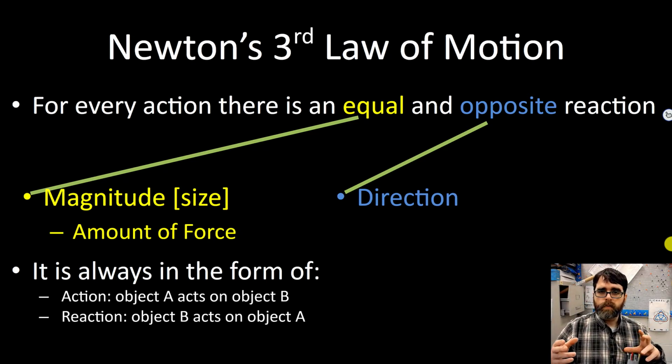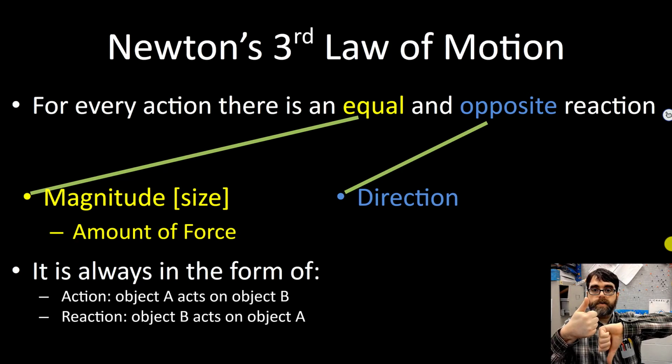This will matter later on when we get into doing force diagrams, because a lot of times we'll have a pair of forces on an object that happen to be equal, happen to be opposite, but because they're both acting on just one object, say on me, then it's no longer an equal and opposite reaction. It's a coincidence, essentially, that it's that way. So, for example, the forces acting on me right now are the chair pushing up and gravity pulling down.